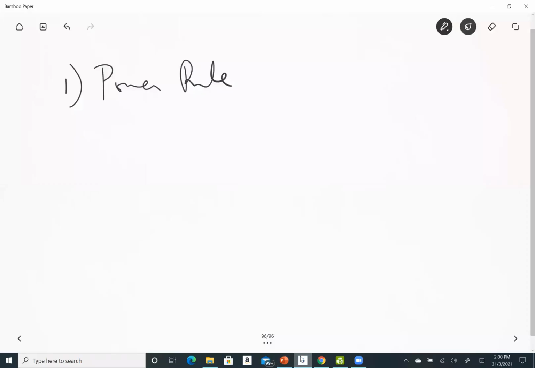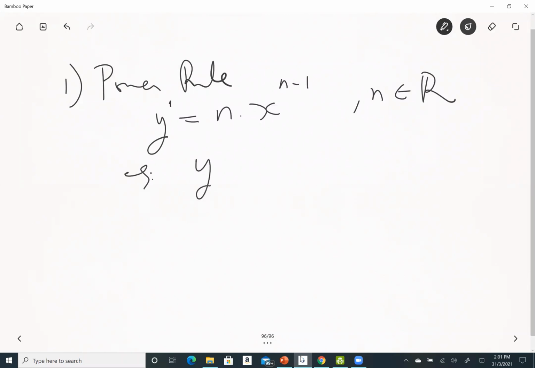So we can use y prime or f prime. Y prime is sometimes easier to write. Y prime is equal to n multiplied by x, with the power reduced by 1. Now n is a real number, okay? That means it can be negative, positive, decimal, or whatever. Example, if I have y equal to x to the power of 12, then what is y prime?